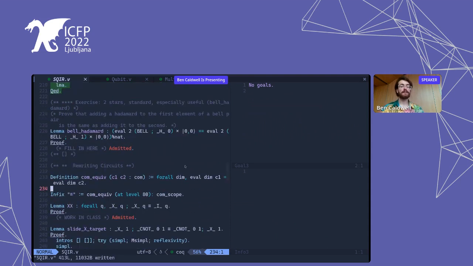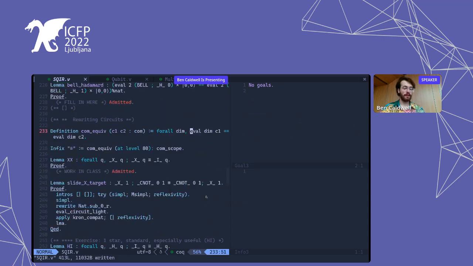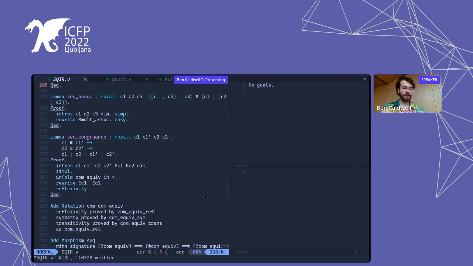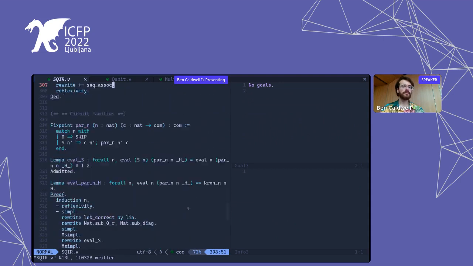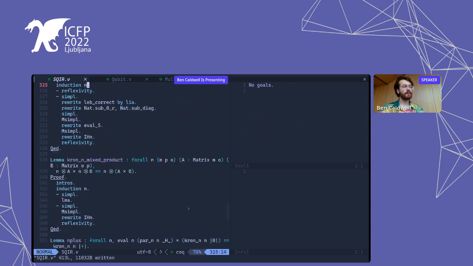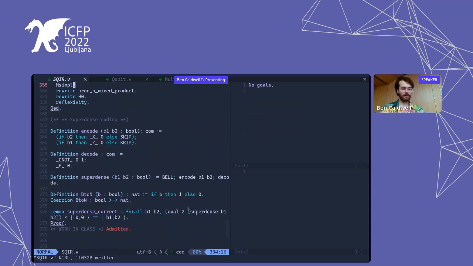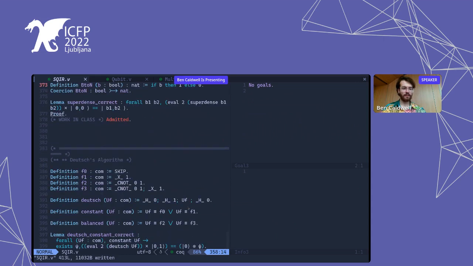Do you have an example with a parameterized circuit? I don't believe we do. Don't we have teleportation? We don't have teleportation, no. Circuit families?